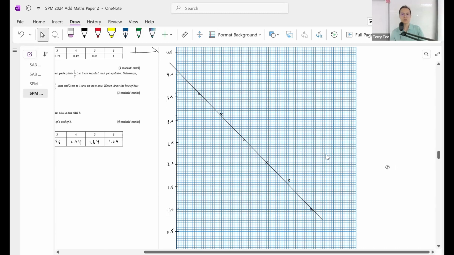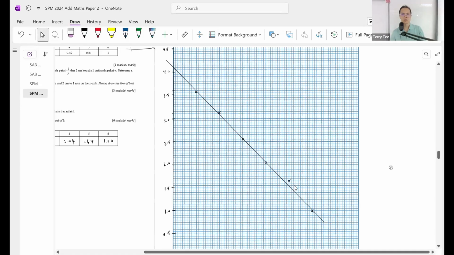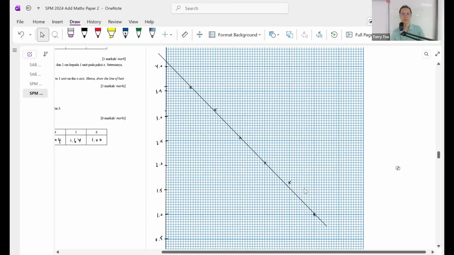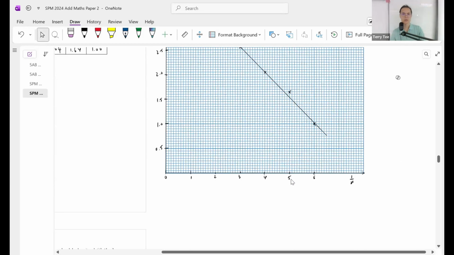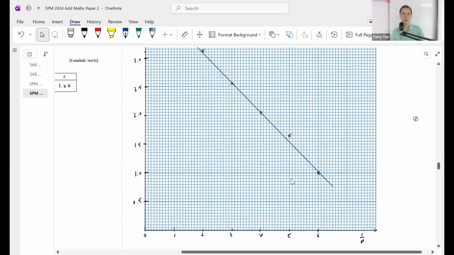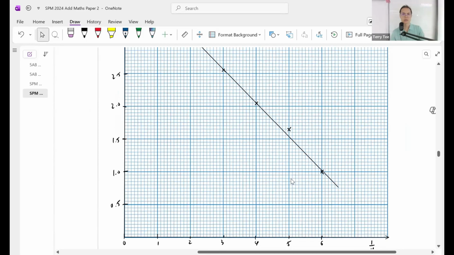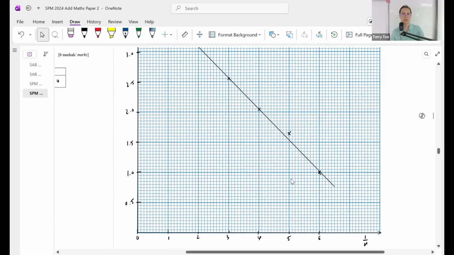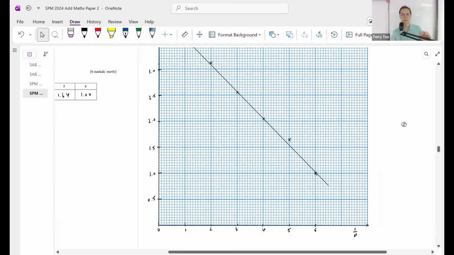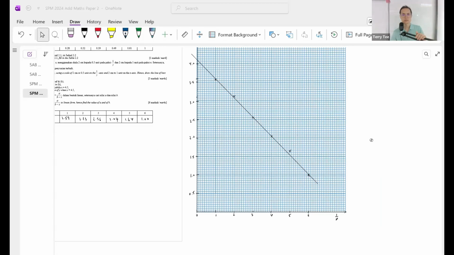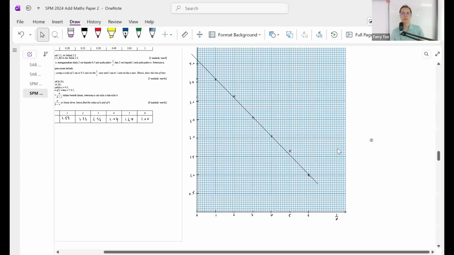Okay, let's see. Did I make any mistake in any points? This point looks a bit off. This point, 5 and 1.64. It looks correct, 1.65. Any other points a bit off?